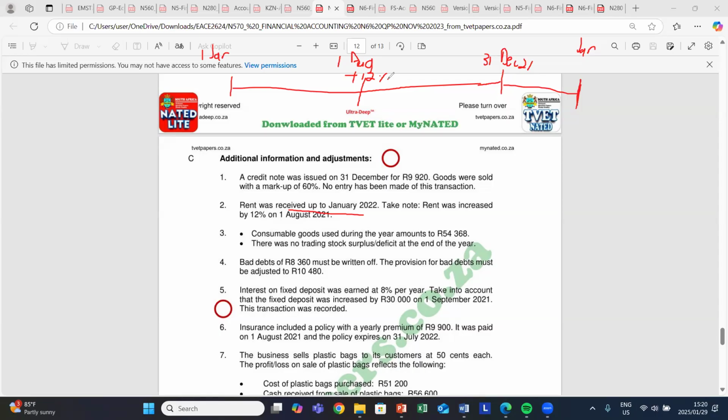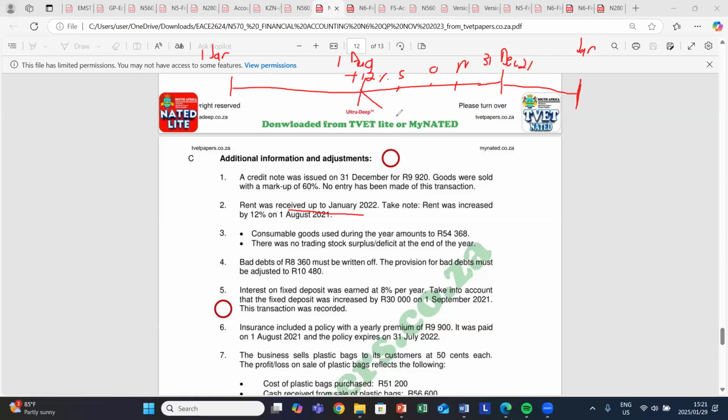Subsequently, when an increase or decrease occurs, it simply means that the rent you are going to receive for the current financial year was not constant and not the same. When it's not the same, you'll have to calculate the rent before the increase and also the rent after the increase. An increase occurred on the 1st of August, meaning you're going to receive an increase for August, September, October, November, December, and also January, which is how many months?